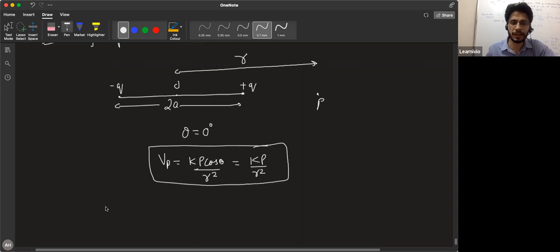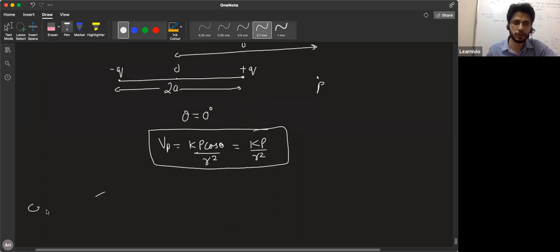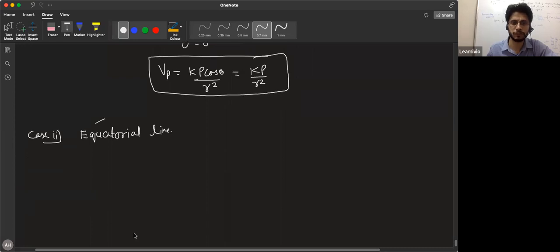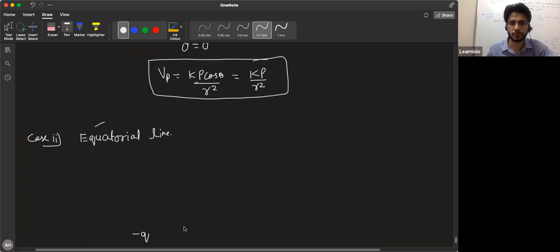For the equatorial line, if I take a point on the equatorial line, then this is minus Q and this is plus Q. This is the perpendicular bisector, and this is the equatorial line.